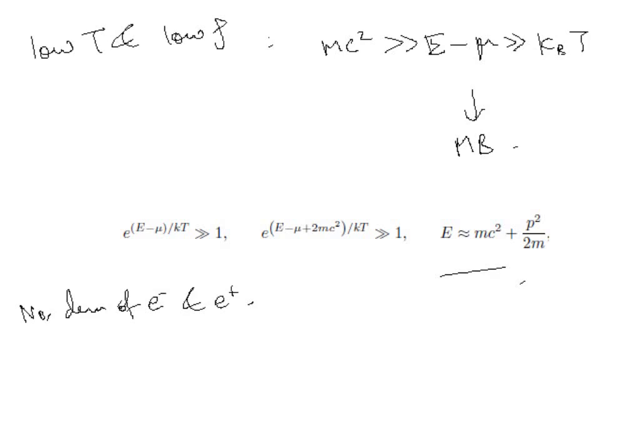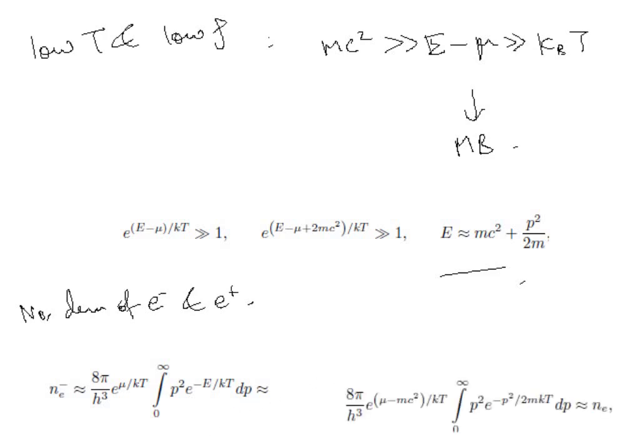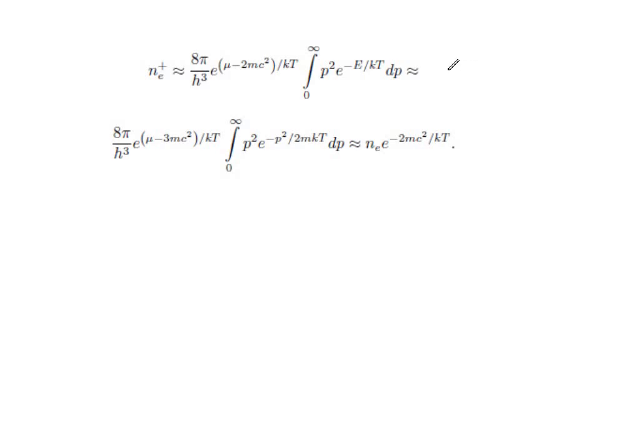So, for electrons, first let me write here, and this is equal to basically this number. Okay, so now for the positrons, and the result is the following. This is the result.